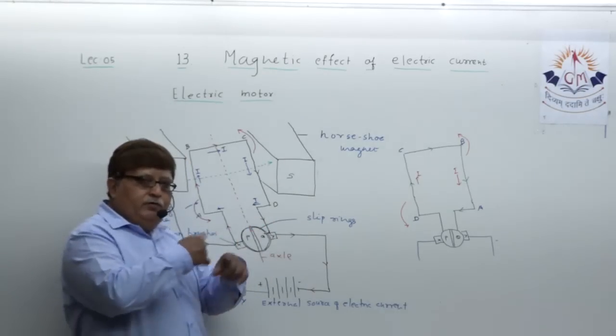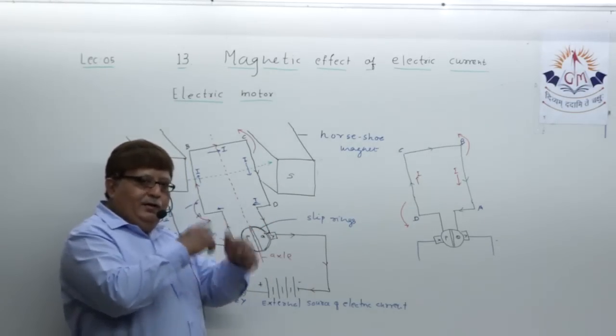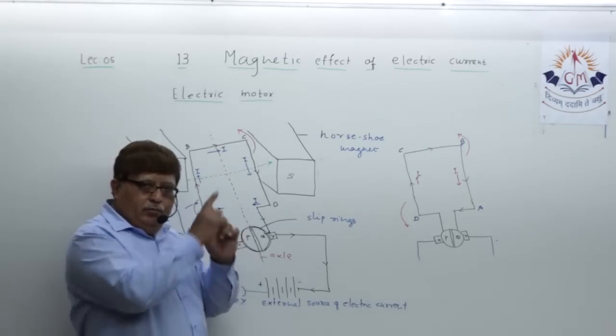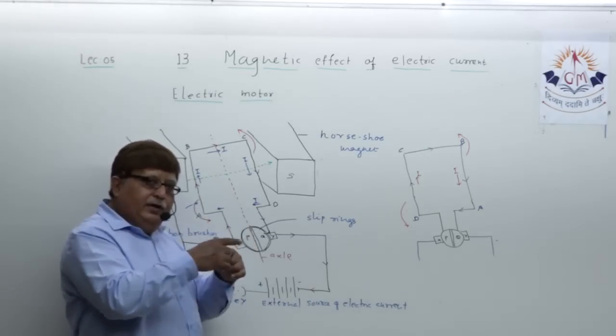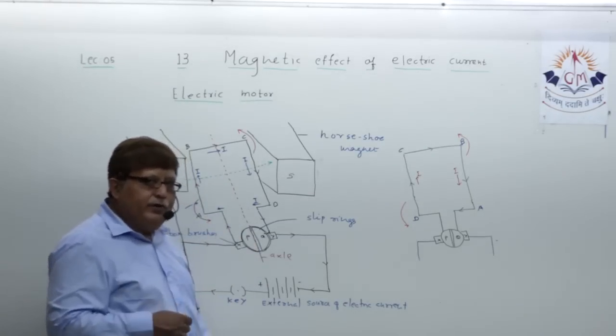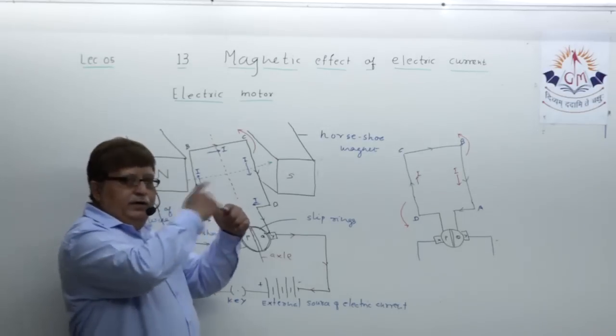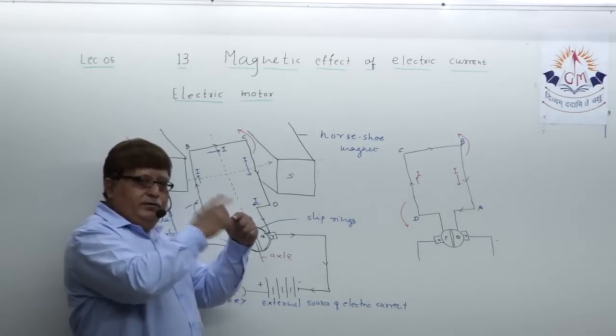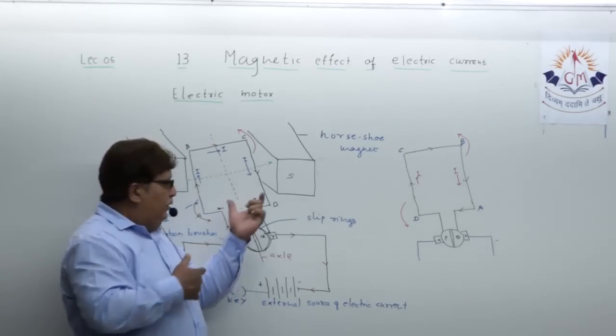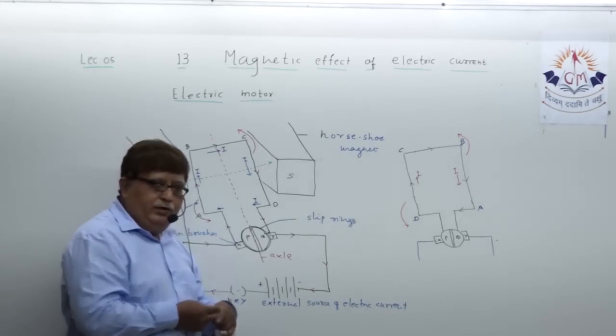The constant flow of electric current and reversal of current in both ends at every half rotation ensures that the coil of wire will constantly rotate inside the magnetic field. You understood?